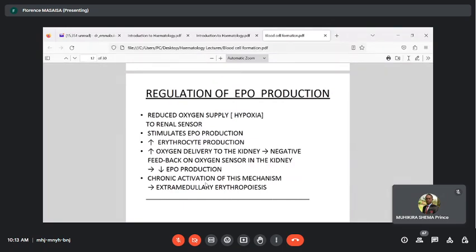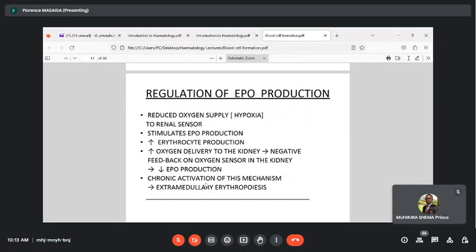The normal red blood cell lifespan goes up to 120 days, while in sickle cell disease it is less than 40 days. So the short lifespan of sickle cells leads to overproduction of erythrocytes without negative feedback from the kidney. Thank you.